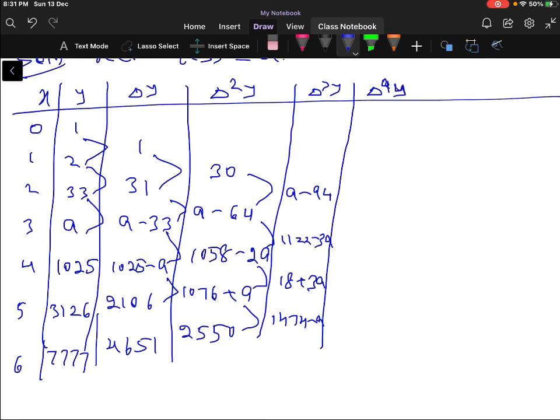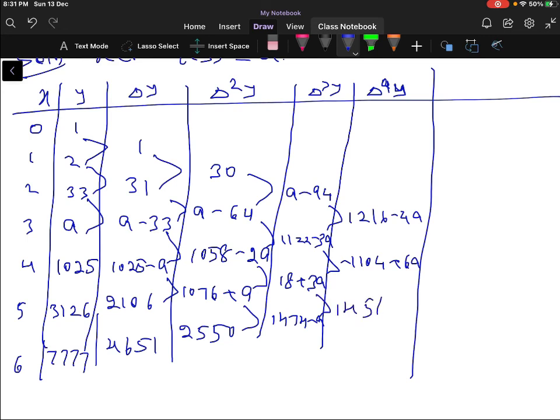Now let us construct delta 4y. Difference of these two here, 1216 minus 4a. So the difference of these two is minus 1104 plus 6a. Difference of these two is here 1456 minus 4a.